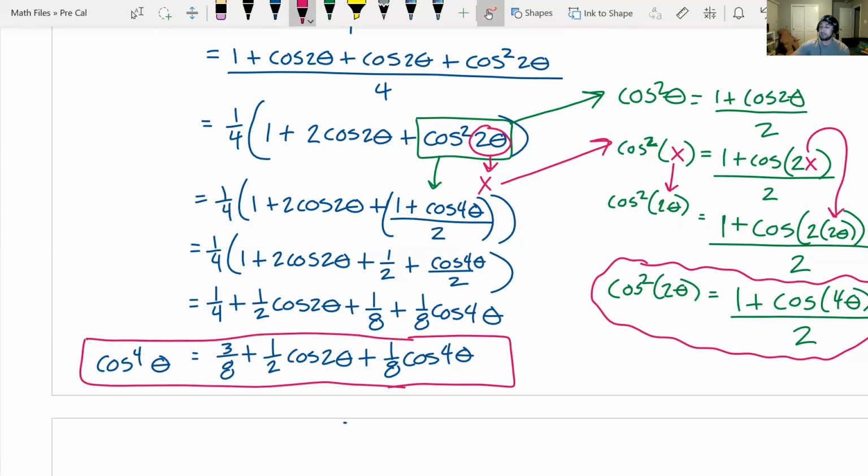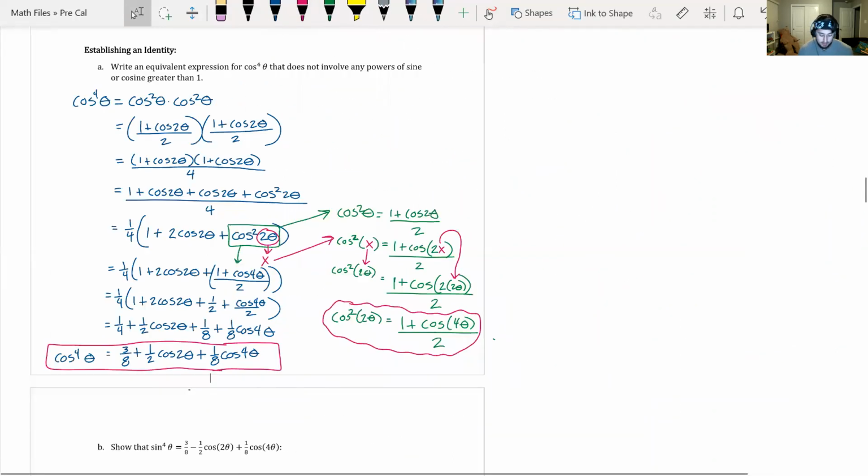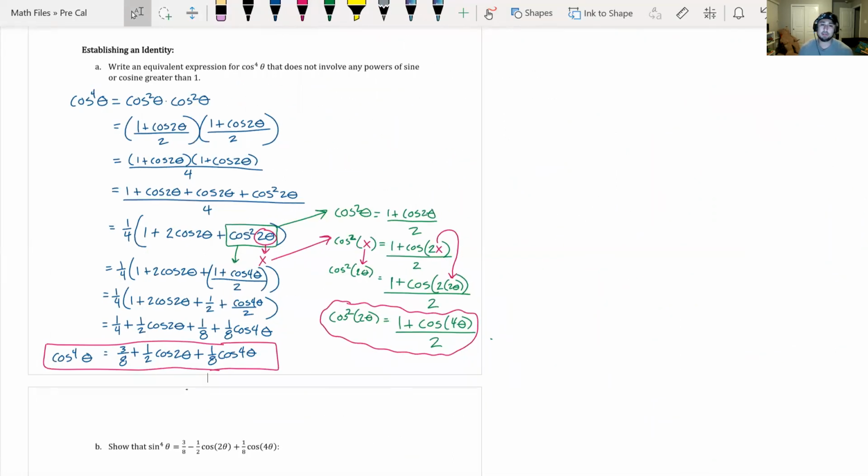Whew, buddy. All right. So that is a formula for cosine to the 4th theta.